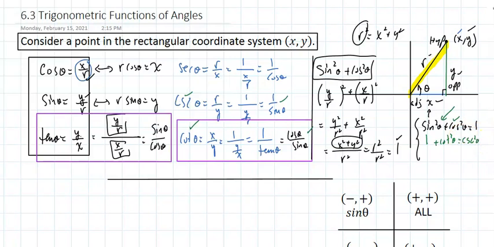And if I go back to that same equation, the first equation, if I divide everything by cosine squared, sine squared over cosine squared is tangent squared. Cosine squared over cosine squared is 1, and 1 over cosine squared is secant squared. The reason I'm putting this on the side, we're not going to use it heavily in this section, but we're going to use it heavily in chapter 5. I'm going to derive it again when we get there using trigonometry, not geometry.